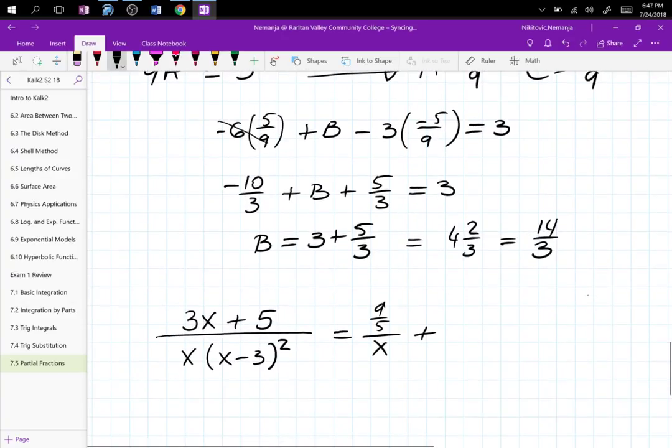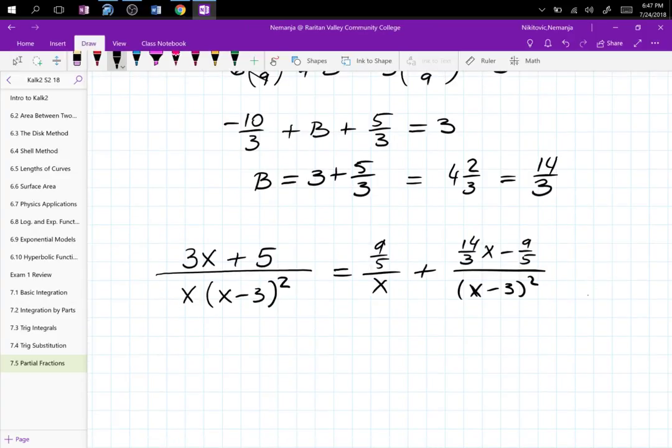B is 14 thirds, x plus c, which is minus 9 over 5, everything divided by x minus 3 squared.